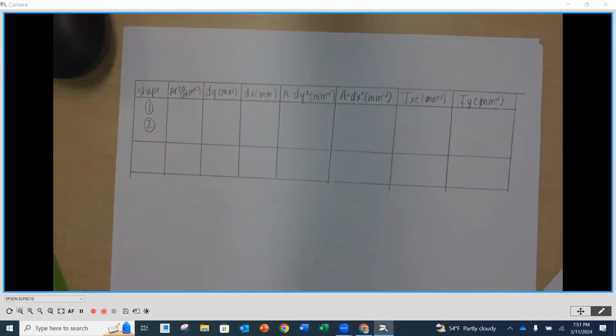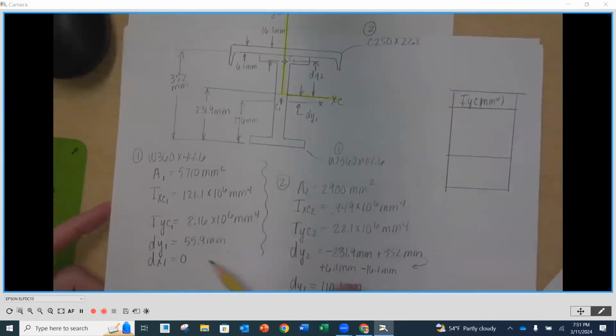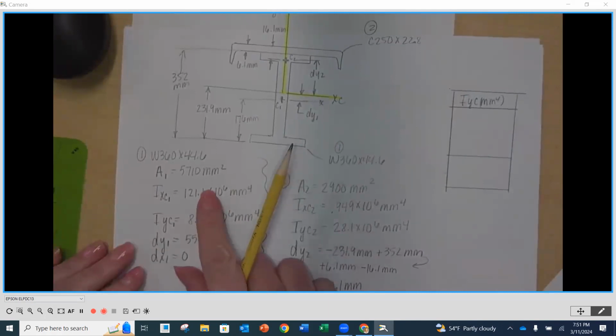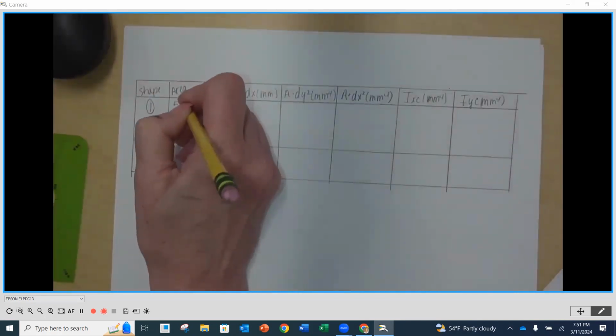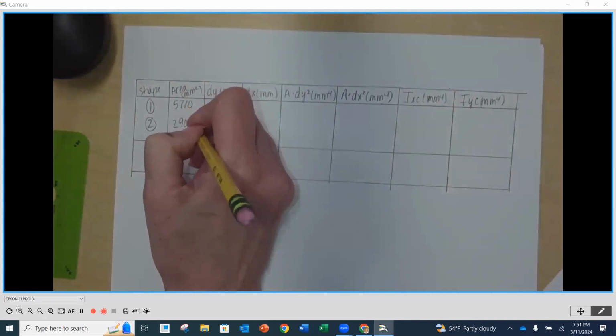Okay, so now I'm going to go back to my shapes, and I am going to grab the information that we collected. What was nice was we did it all on the same piece of paper because these were those structural members that we didn't have to do any separate calculations. So I'm simply going to put in my area number 1, 5710, my area number 2, 2900.